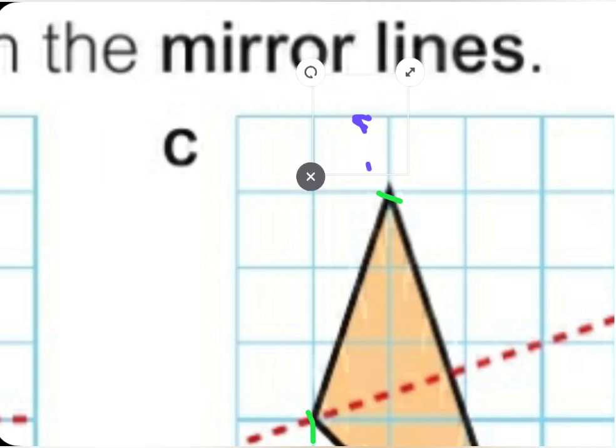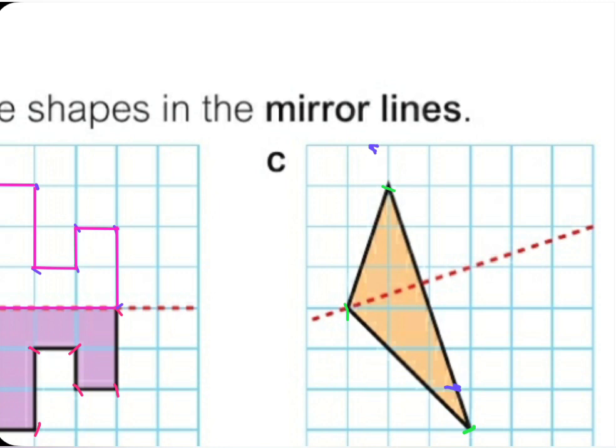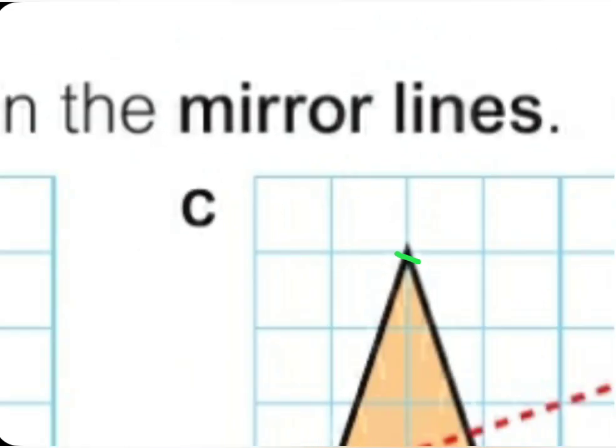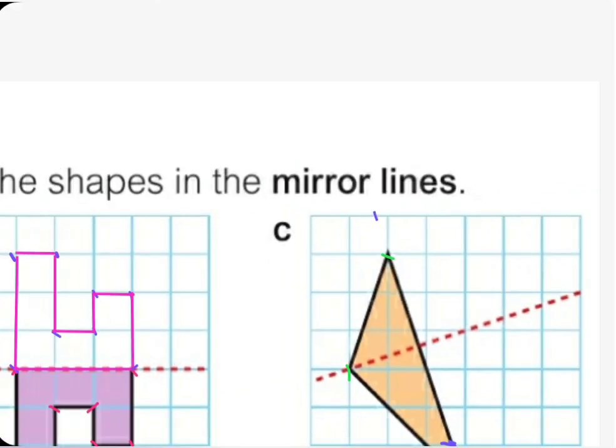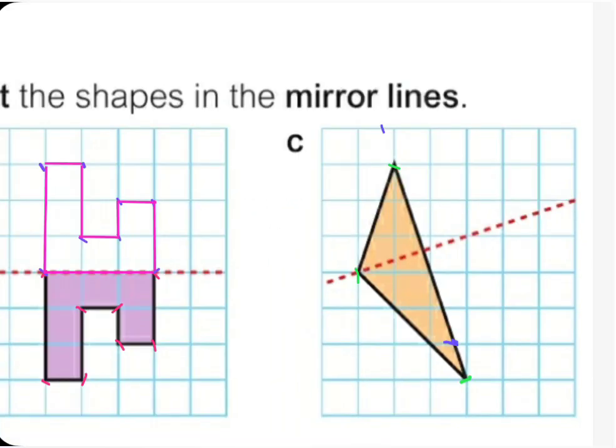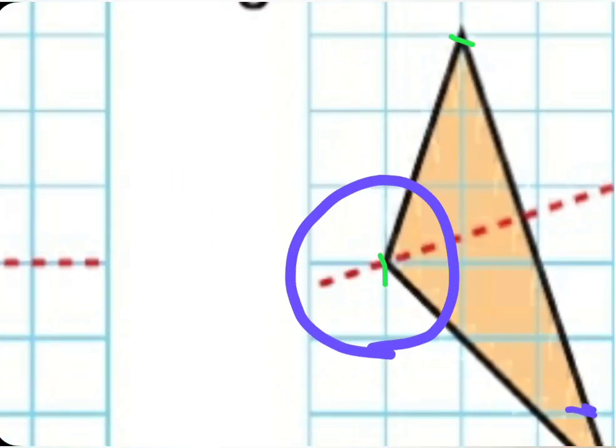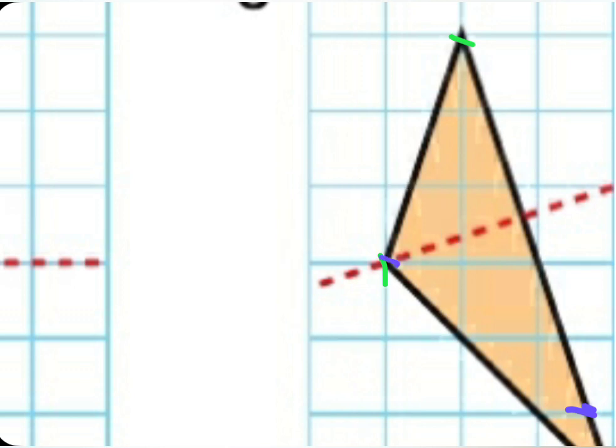And if you use the ruler, it's going to be more accurate, as I said. Now it's going to be here. And then this point here, the distance between this point and the mirror line is 0. So we can't change the place of this point. It's going to be the same. So I'm going to put it here.